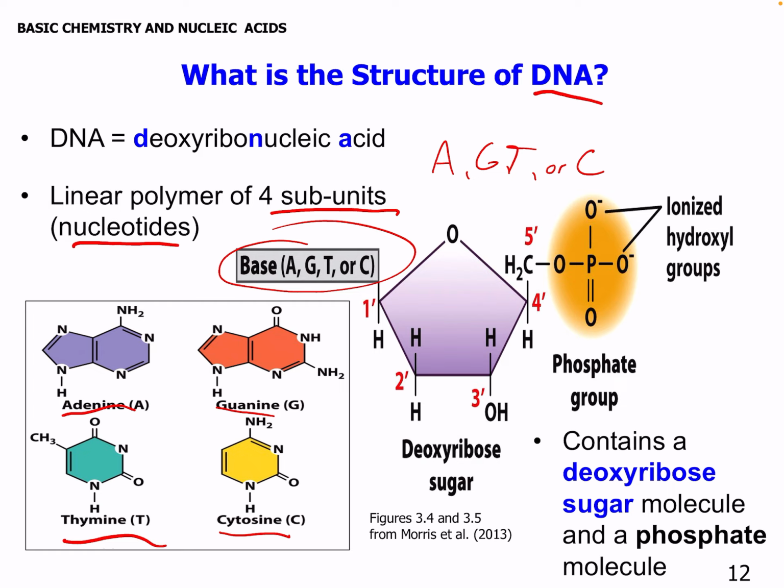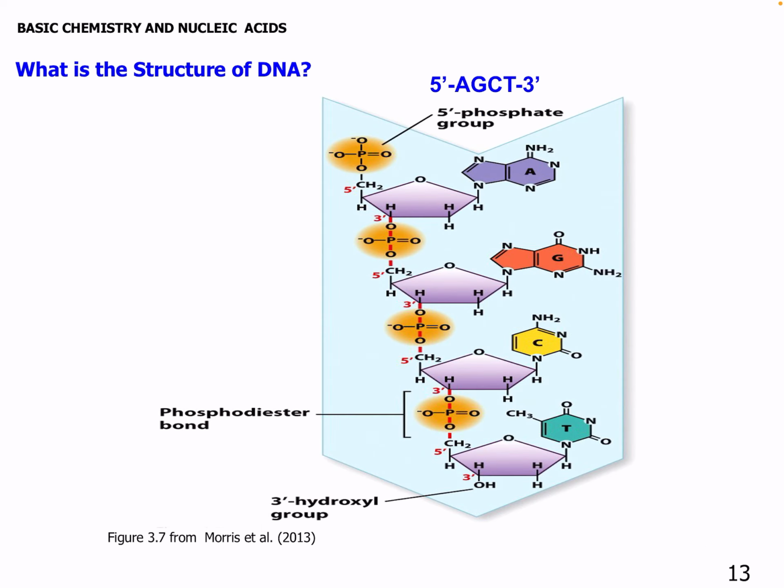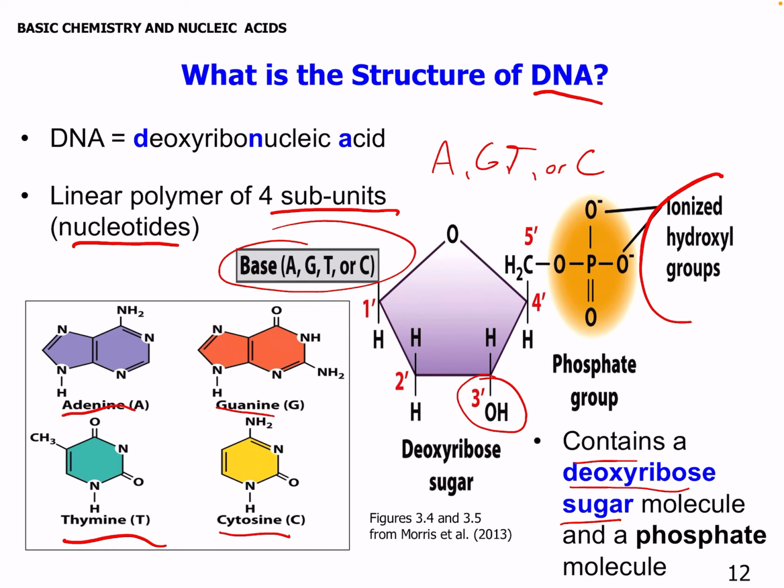Certain letters can only match to other letters. DNA contains a deoxyribose sugar molecule and a phosphate molecule. As you remember, DNA has the hydrogen compared to the hydroxyl group in RNA. And we can see here, within the phosphate group, we have the ionized hydroxyl groups.